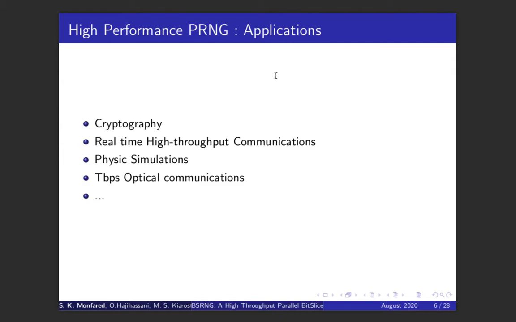In chemistry or physics simulations, such as Monte Carlo simulations, there is a need for high-performance random numbers as well. And also in terabit-per-second optical communications, random numbers should be available at high throughput.